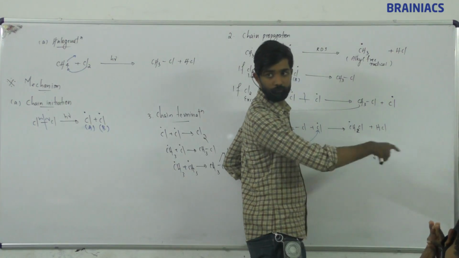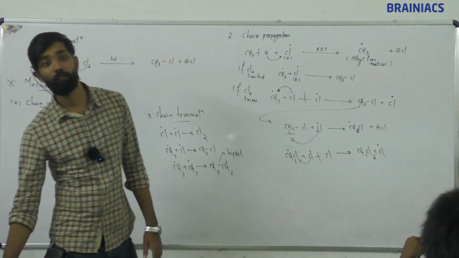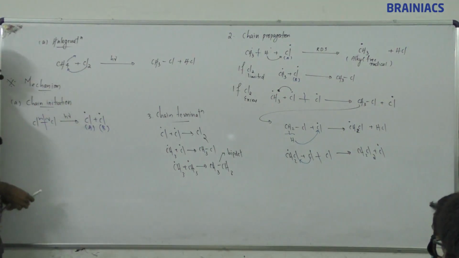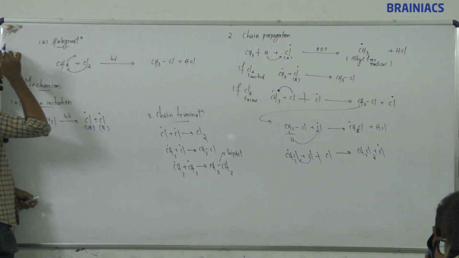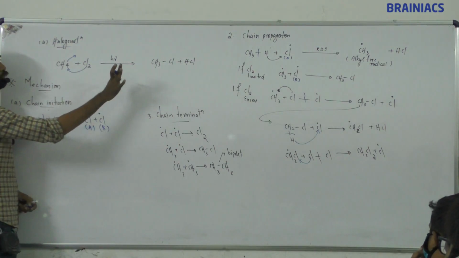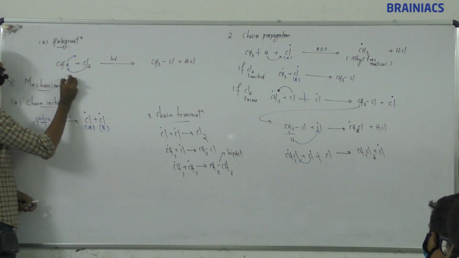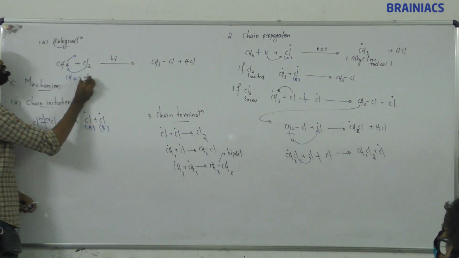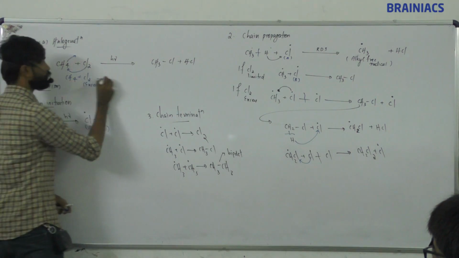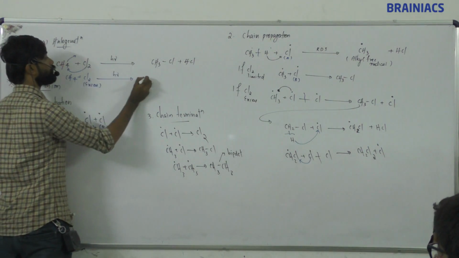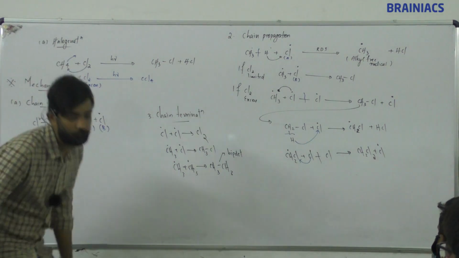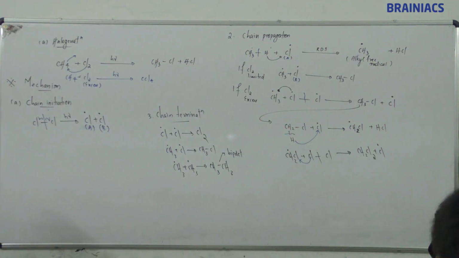Then it proceeds, if and only if the chlorine is in excess. Then the major product will be CCl4.